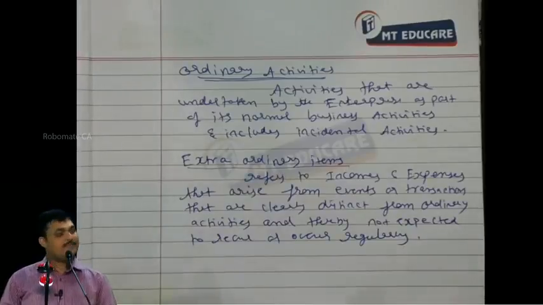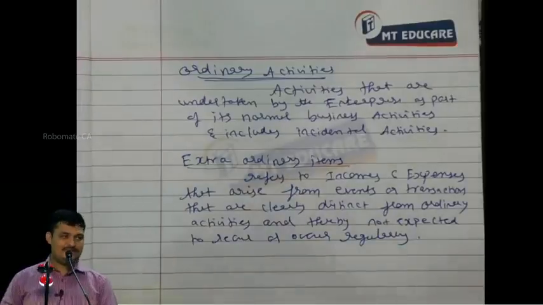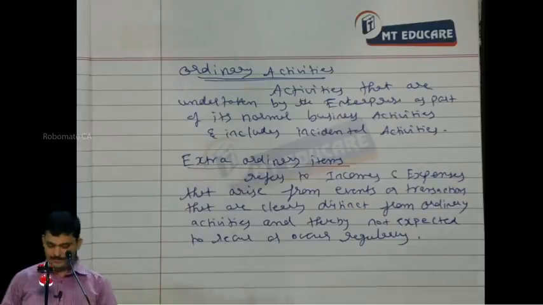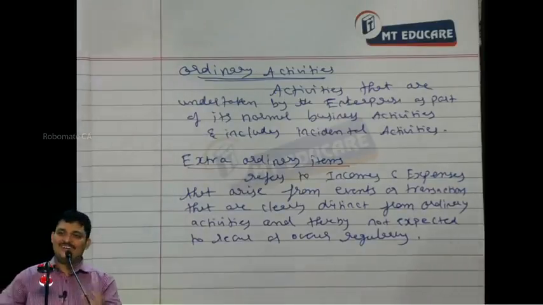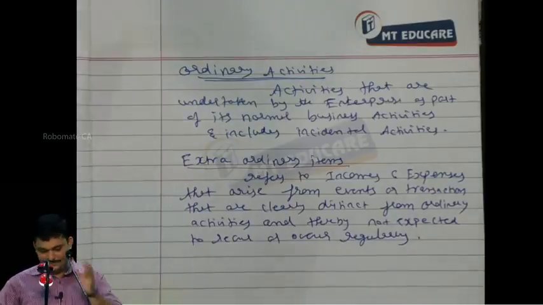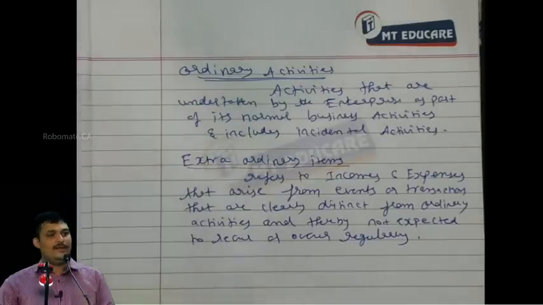So extraordinary items refers to those income and expense that do not arise or do not relate to the normal business activities. We have ordinary activities and extraordinary activities. Loss by theft, what do we say?